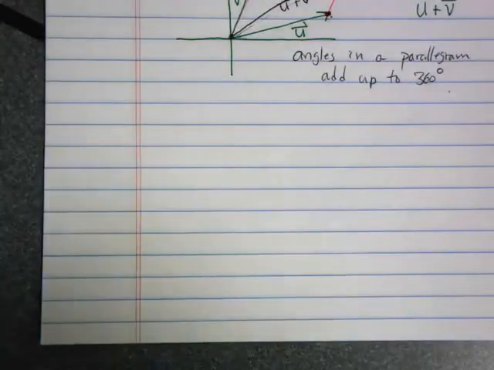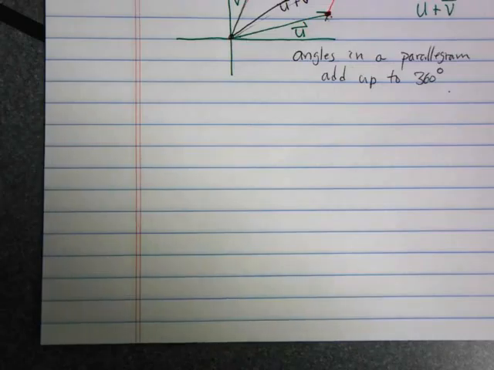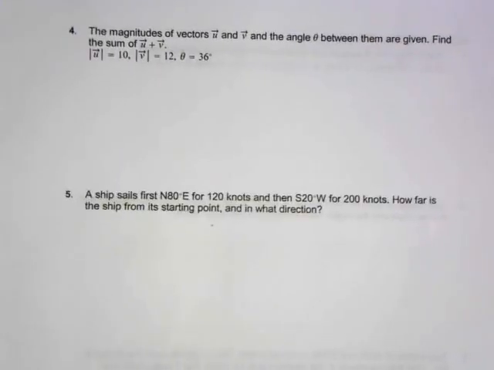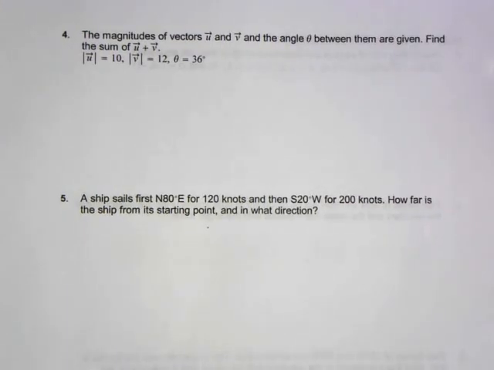All right, what else do we have? It says, the magnitudes of vectors u and v and the angle between them are given. Find the sum of u and v.